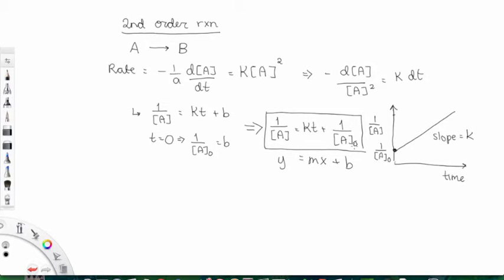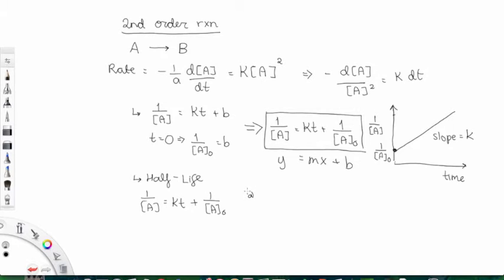From here, we can also calculate the half-life for a second order reaction, just like we did for the first order reaction. We start with 1 over A equals kt plus 1 over A0.